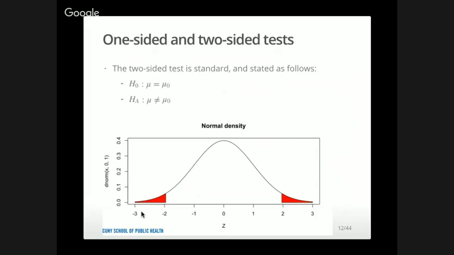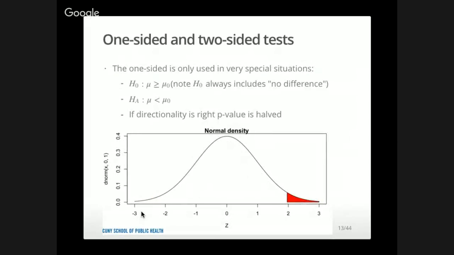Actually, first I want to mention the one-sided test, which is only used in very special situations. Here, the null hypothesis is that our mean is greater than or equal to the mean under the null, or it could be the other direction, noting that H0 always includes the no difference. So there's an inequality, but the equals part of it is included under the null distribution.